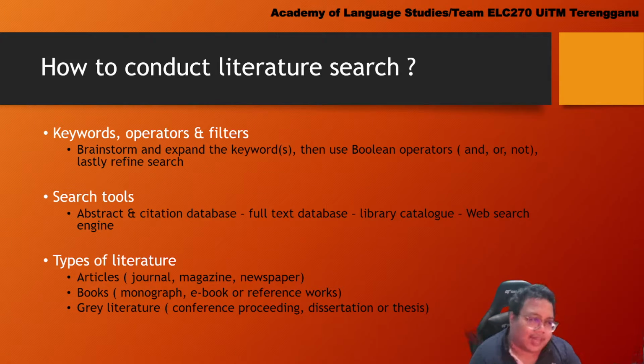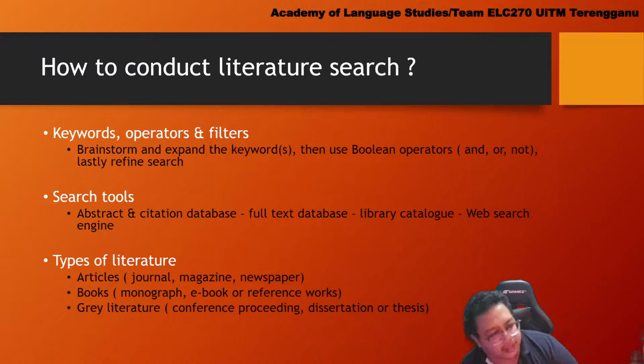So how to conduct a literature search. You use keywords, operators, and filters. First, when you find your topic or issues, you need to identify the keywords, the operators, and the filters that you can use to conduct a literature search.